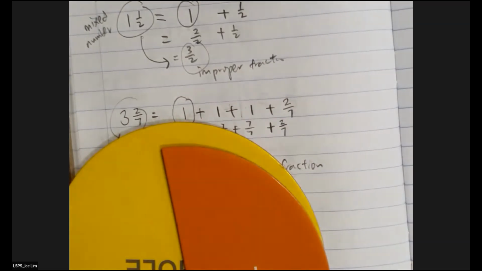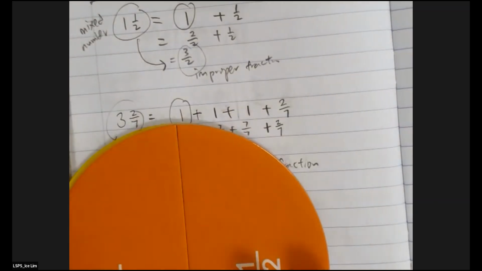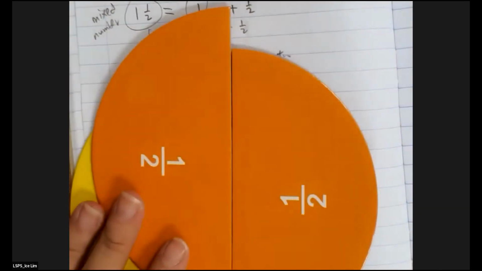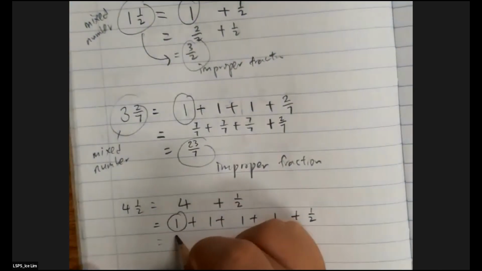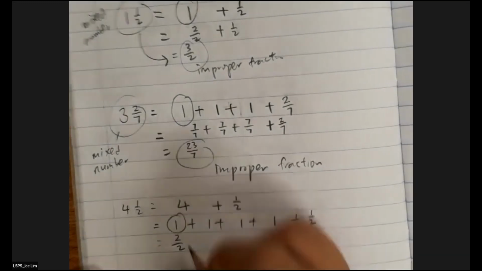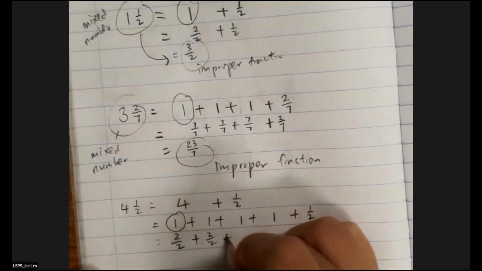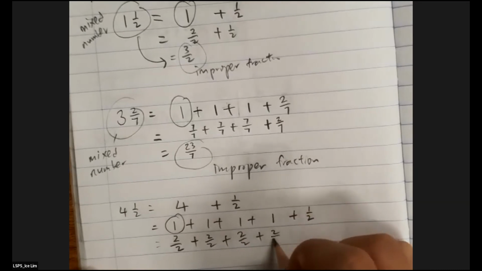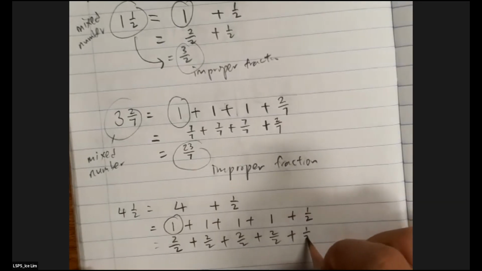Thank you. Please pay attention as well. You need to be able to explain. So 1 will become 2 halves plus 2 halves plus 2 halves plus 2 halves plus 1 half.